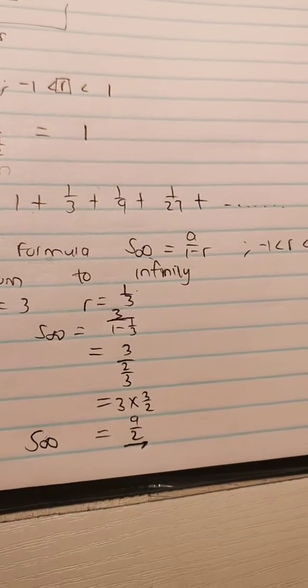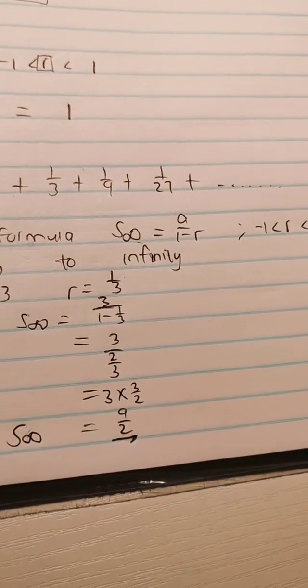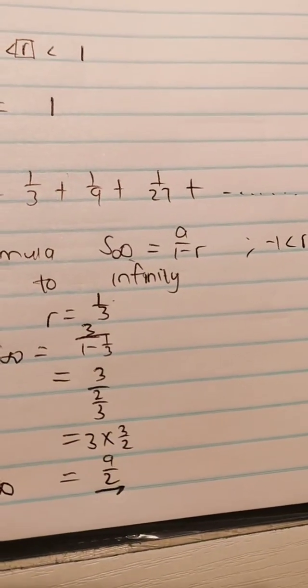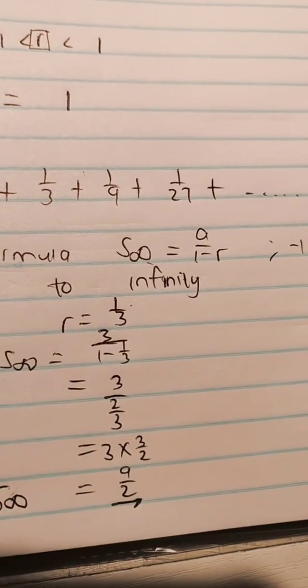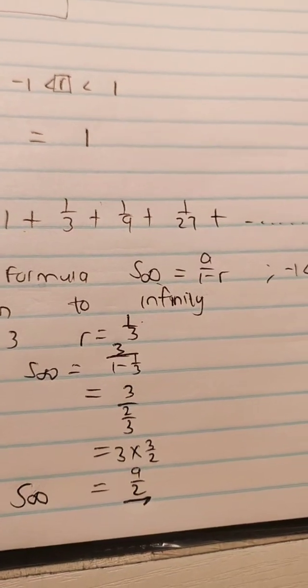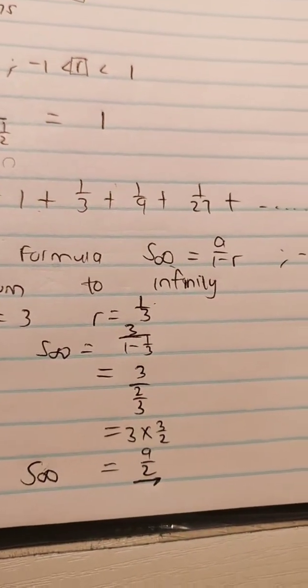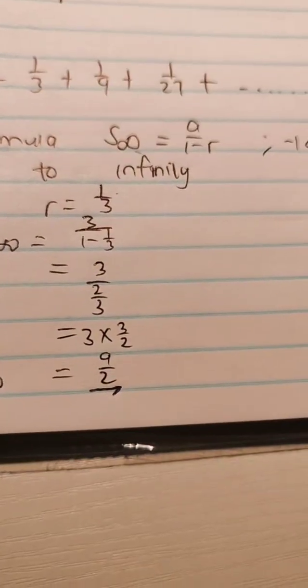Now I want to say that for a series to converge, guys, the value of r must be between -1 and 1.